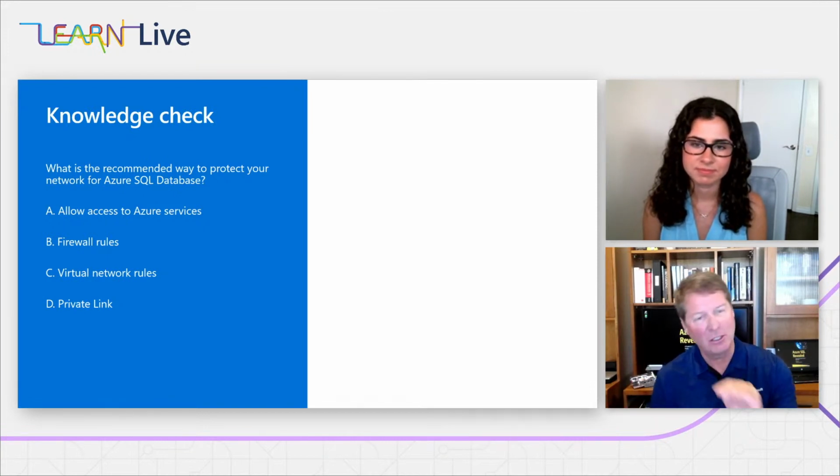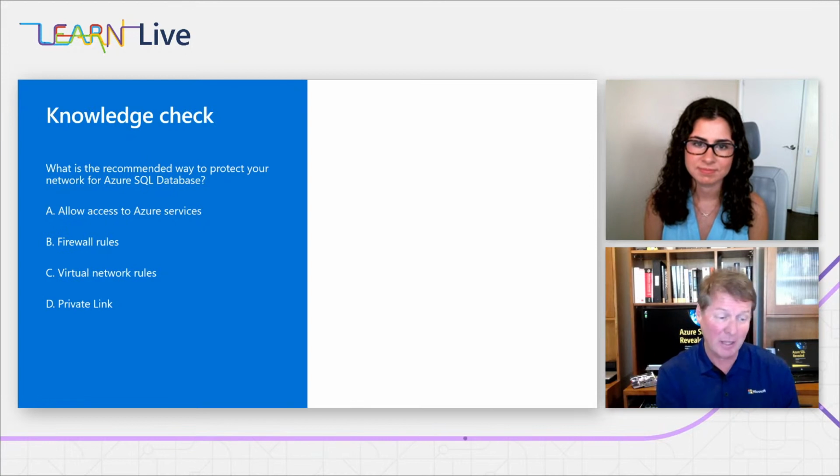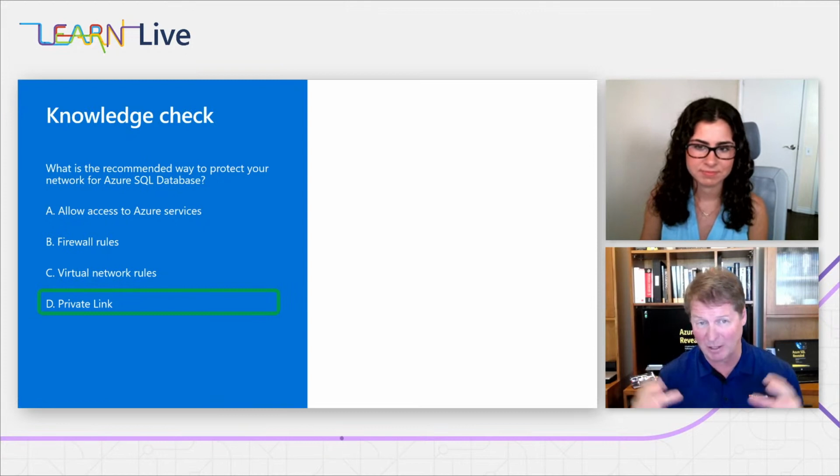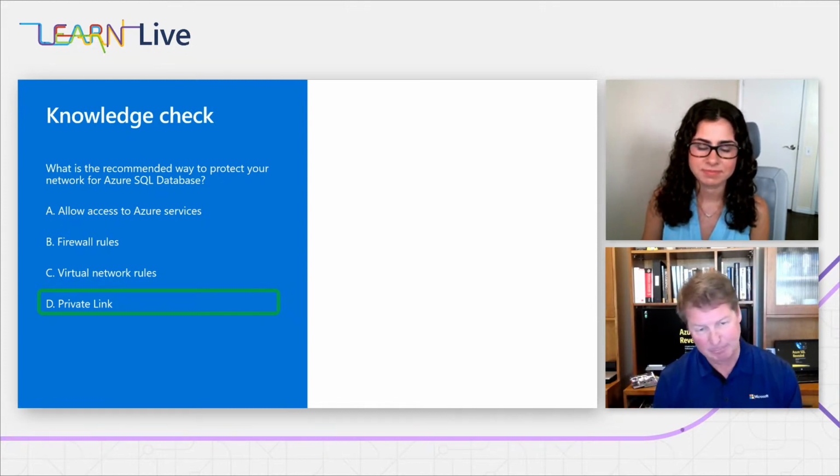We did also mention, and you talked about the fact that firewall rules are good, but you still are using those public IP addresses. So virtual network rules and private link are those really two possibilities on the recommended to protect your network. And we just said that private link is the best recommended way because of the fact that you're not exposing information and you've got that private endpoint not exposed to the internet. So I would pick D.